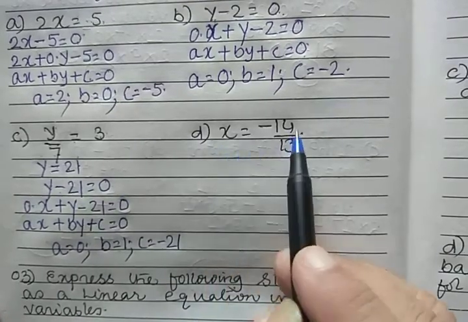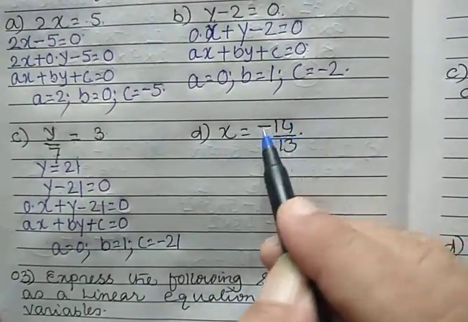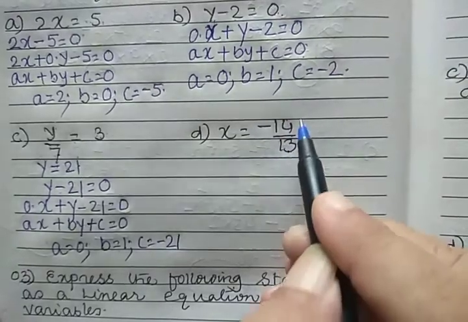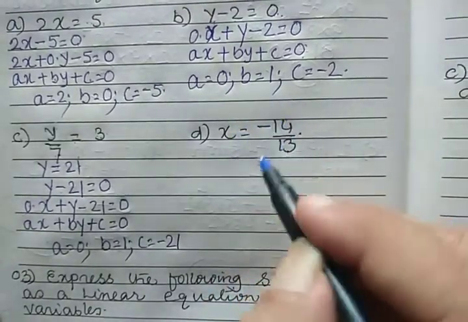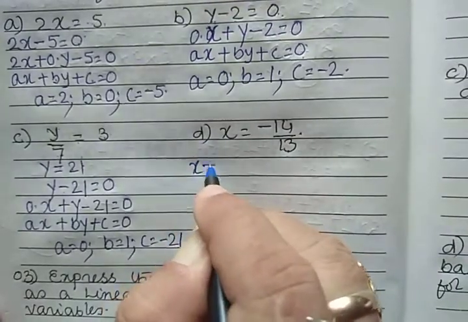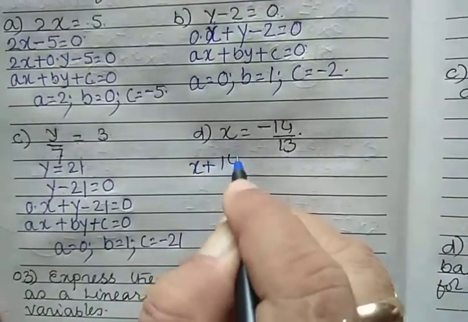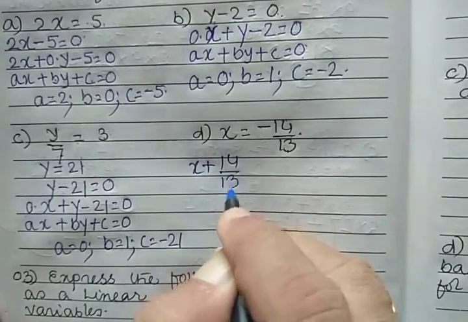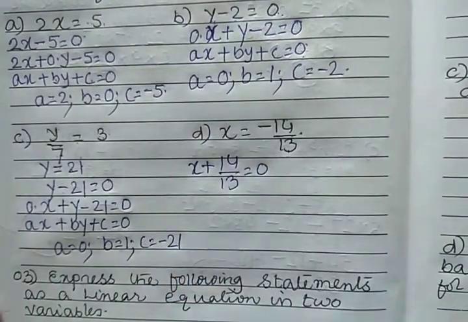Let us do the fourth one. Let us take this minus 14 by 13 to the other side of the sign of equality. So x plus 14 by 13 is equal to 0.